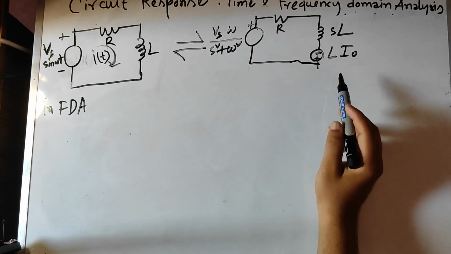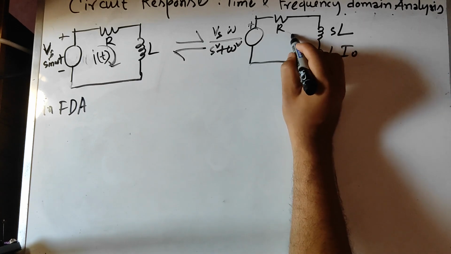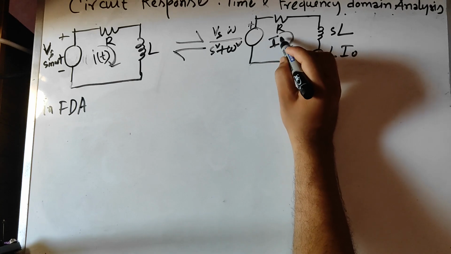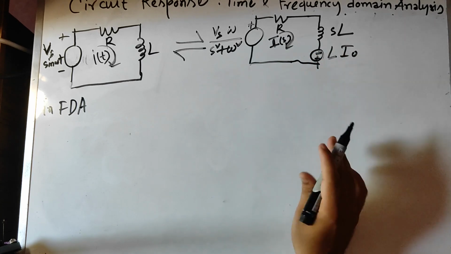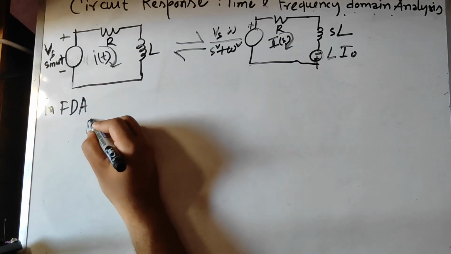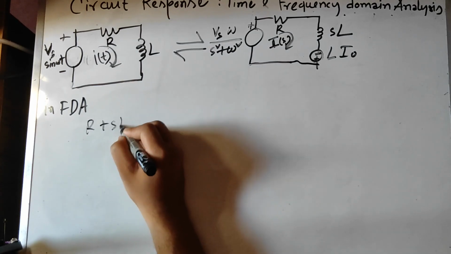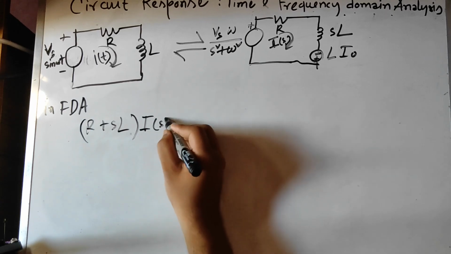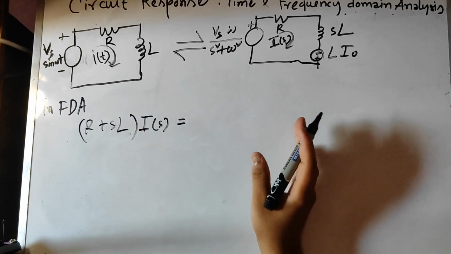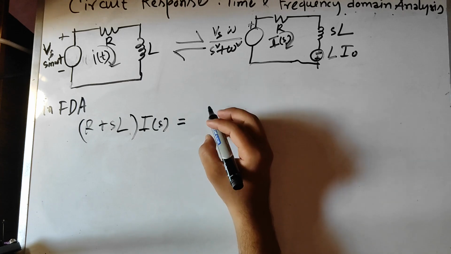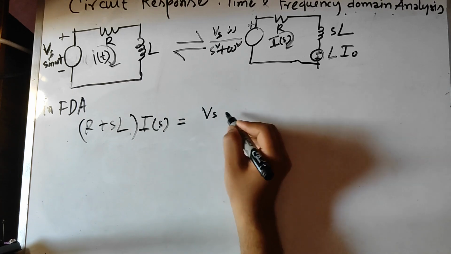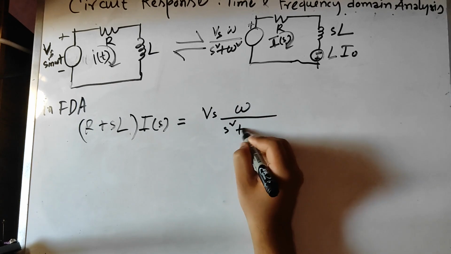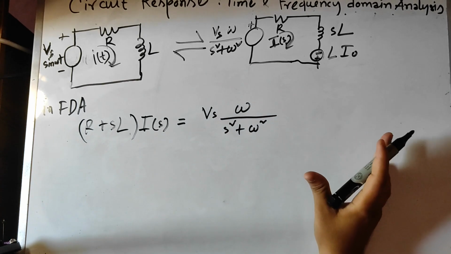Okay, so we are going to use KVL likewise here. For I(s), R plus sL times I(s) equals Vs omega by s square plus omega square.